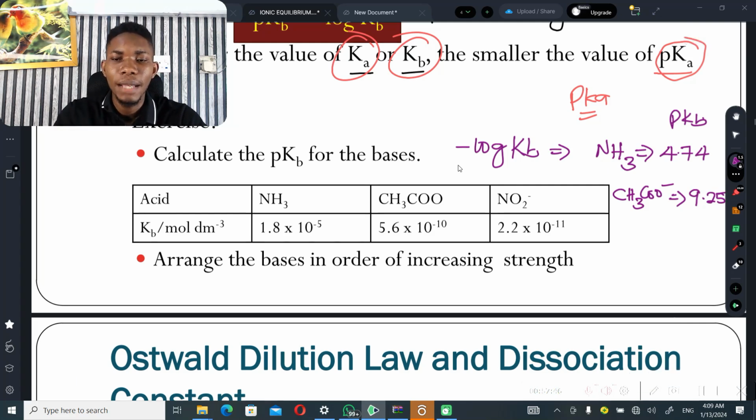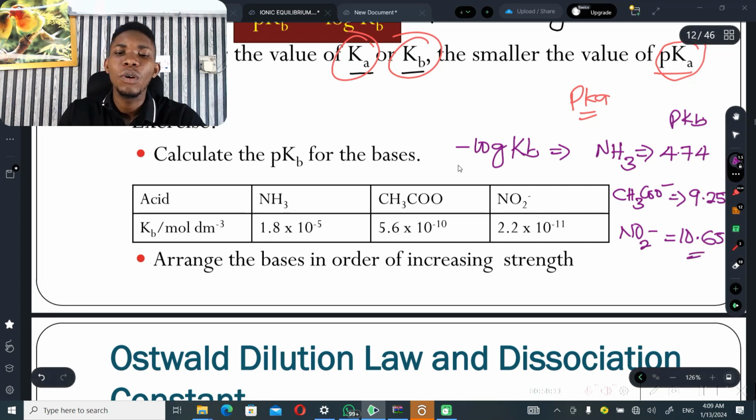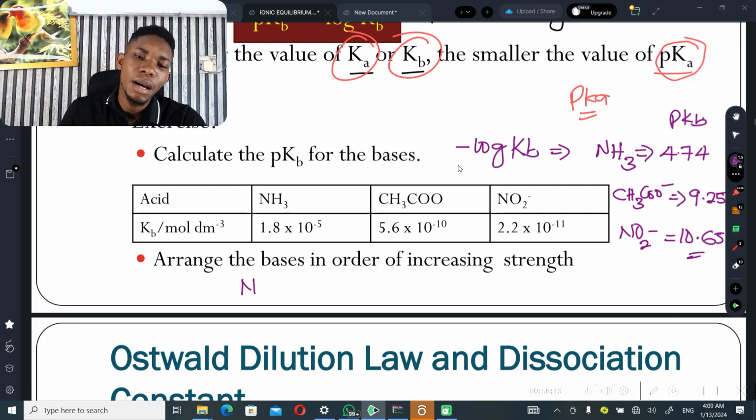Now NO2 minus, negative log of 2.2 times 10 raised to the power of minus 11. That gave me 10.65 for NO2 minus.